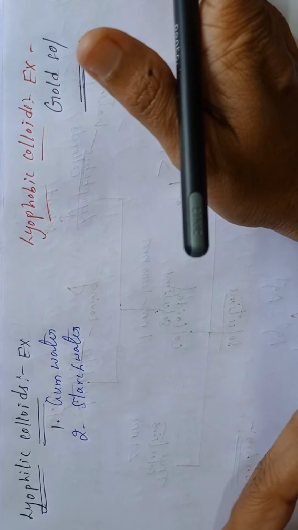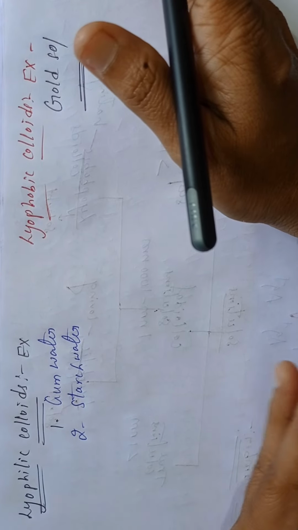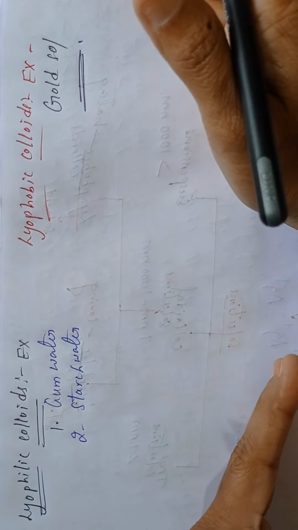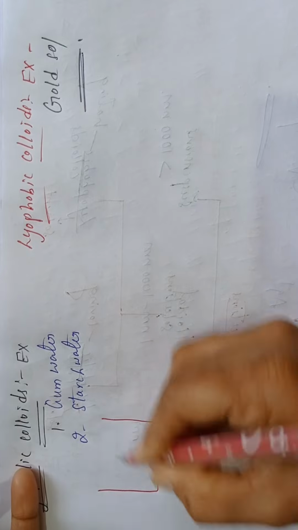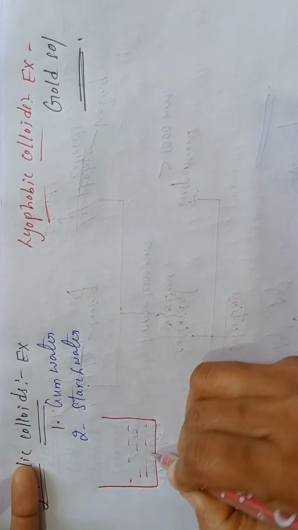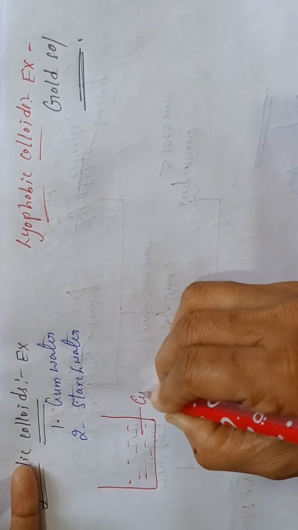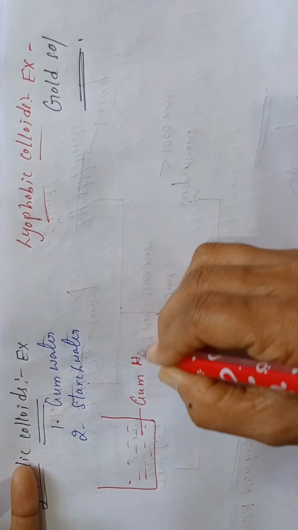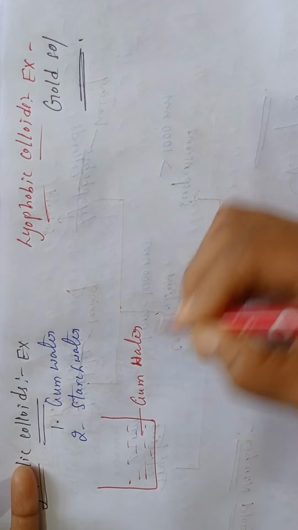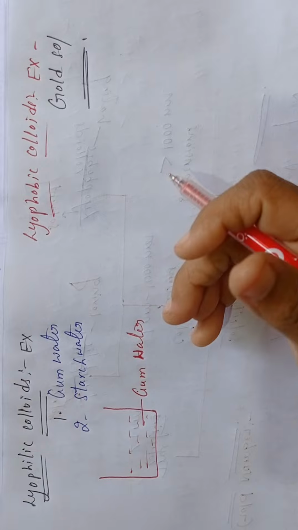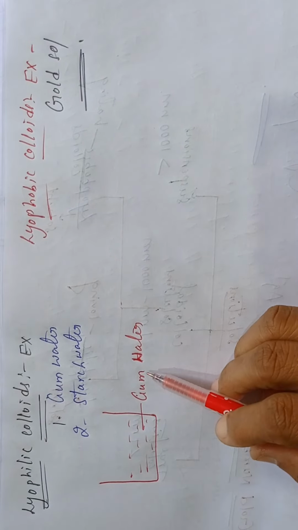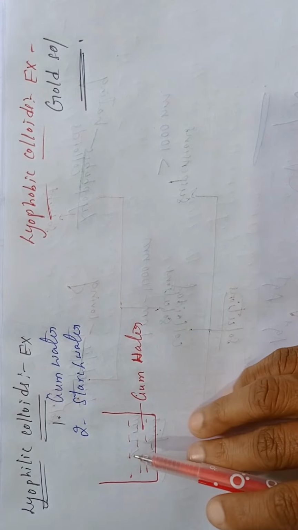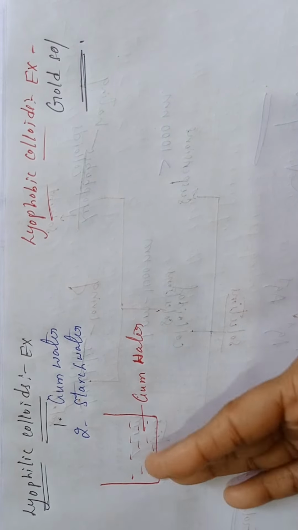Now see, we know that lyophilic colloids are more stable and lyophobic colloids are unstable, students. If I take gum water, for example, I am taking one beaker here. This is the gum water, students. On standing for a long time also, the solution is stable. So that means here we won't get any precipitate.